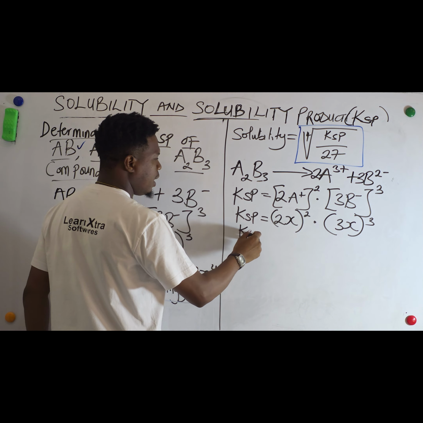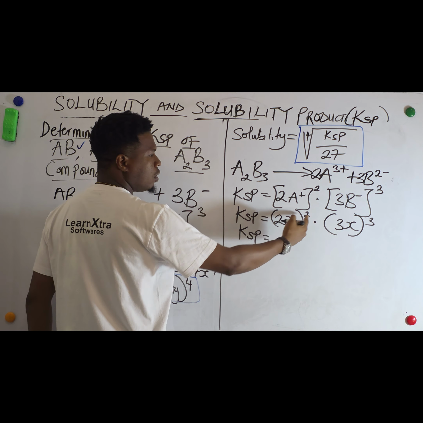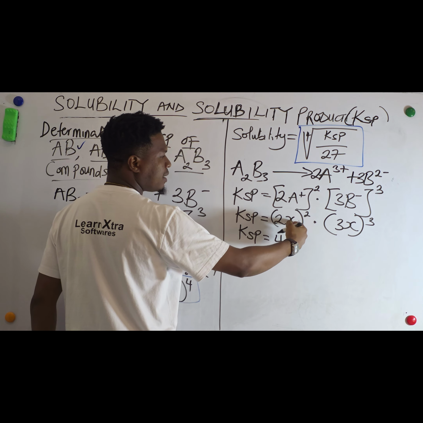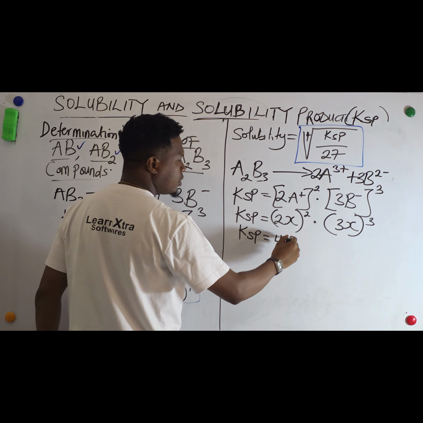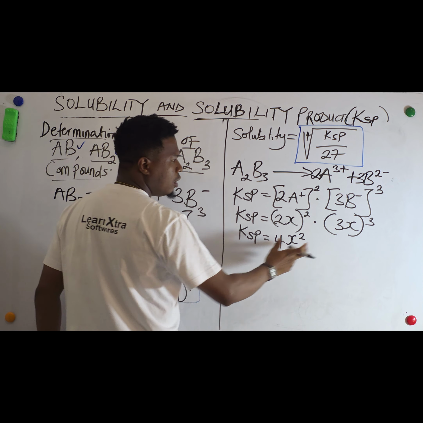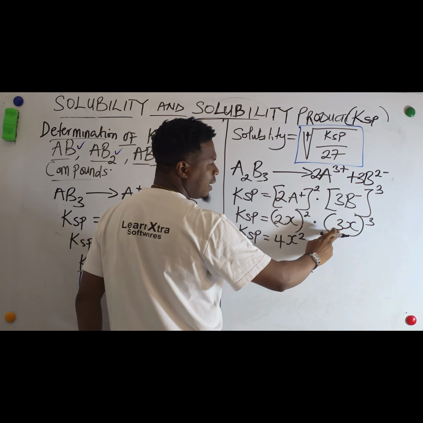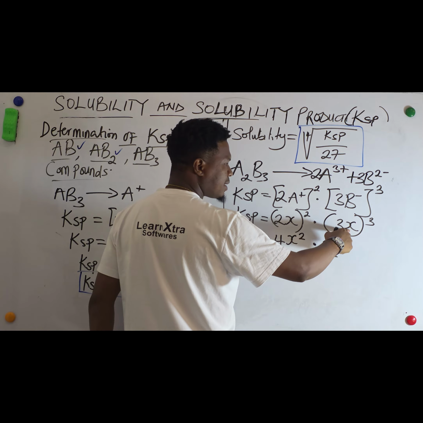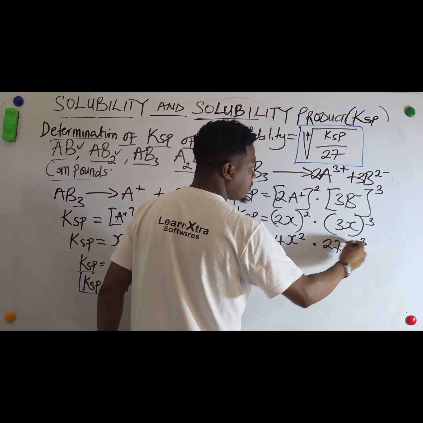Okay? So 2 times 2 is what? 4. x times x is what? x squared. So I have 4x squared. If you expand the other one, 3 times 3 times 3 is 27, and x times x times x is x to the power of 3.